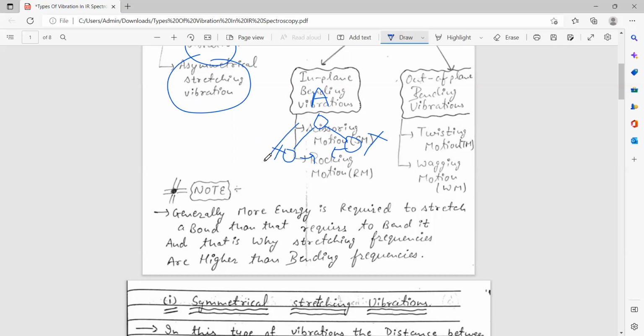But if you want to stretch like this, you require more energy. As you know that E is equal to h nu, energy is directly proportional to the frequency. So here I am writing, stretching frequencies are higher than the bending frequencies. Okay.